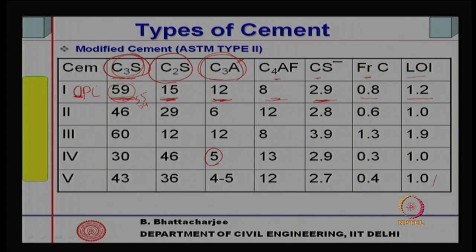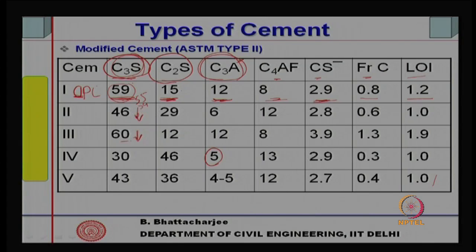So, let us see one by one. Type 2 cement is called modified cement. It is actually somewhere between type 4 and type 1. It is not exactly low heat, but it is between these two. So, let us go downwards. Type 2, I will come to later on, come to type 3.